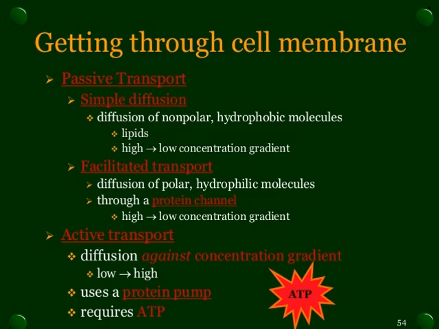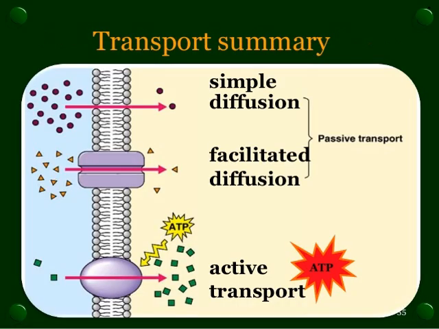Facilitated transport means diffusion of polar hydrophilic molecules through a protein channel, from high concentration to low concentration, so it is called facilitated transport. Active transport means movement against the concentration gradient, from low concentration to high concentration, so it uses a protein pump. For that function, it requires ATP, an energy-rich molecule.